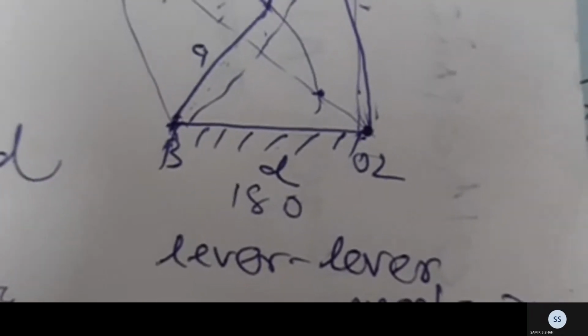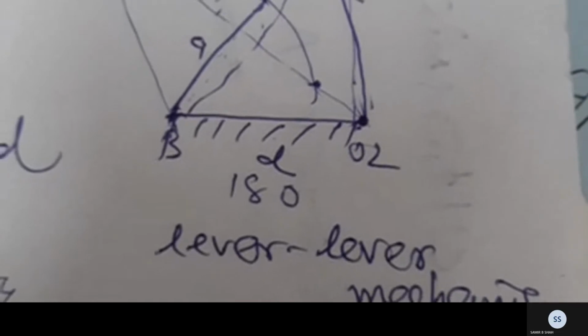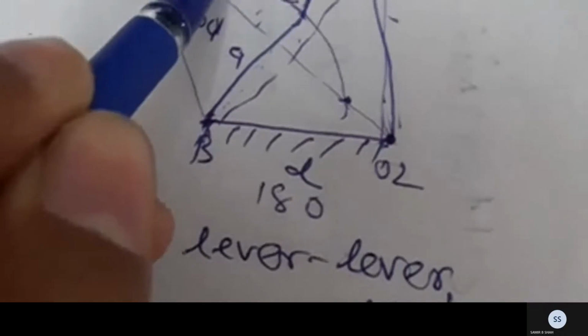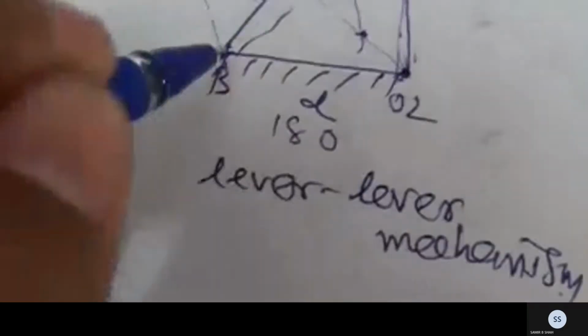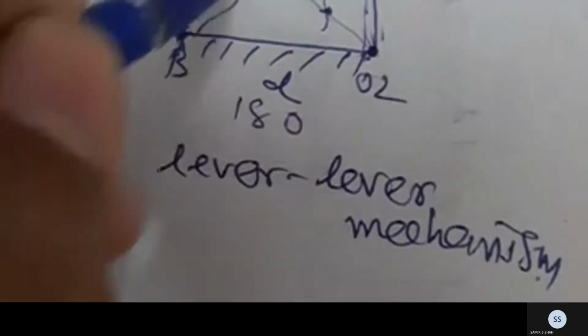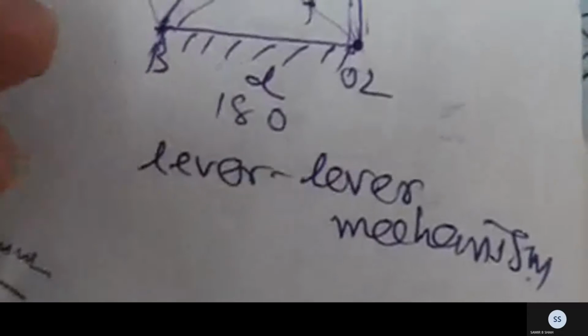And in the same way, the O4 line may intersect on the dotted line at somewhere. So this is my O4 dash, and this is the BC line. So it is called C double dash. Understood? This is the BC line, so it may be known as the C double dash point and C dash point.